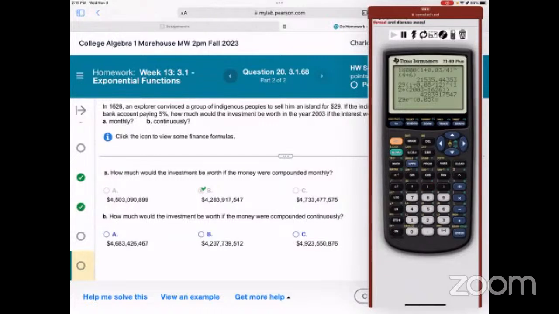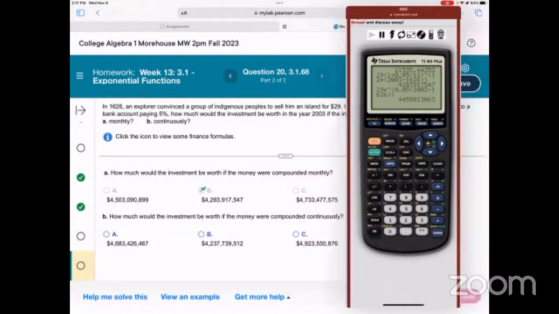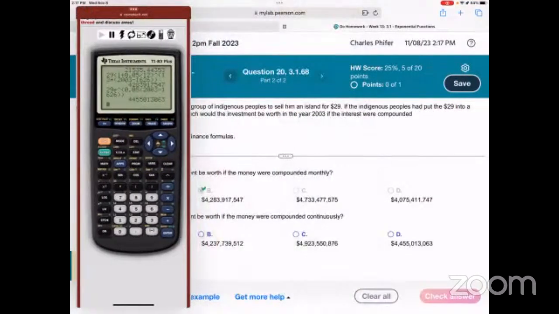So 2003 minus, oh, that's not minus. Minus is W, 1626. Close the parentheses, double close, and I think we're ready to rock and roll. 4455. Looks like it's D.